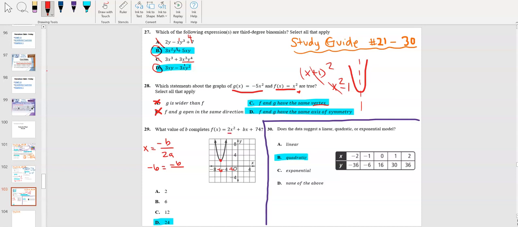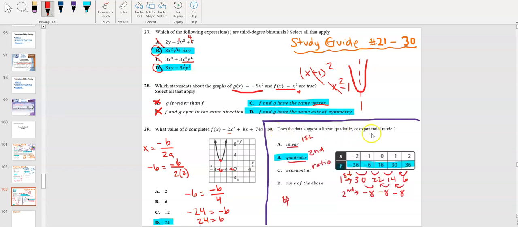We know that a is 2. Okay, it's a b. So now we're going to do -6 equals -b divided by 4, times both sides by 4 to get -24 equals -b, times both sides by -1 to get positive 24. So that's why we get D.